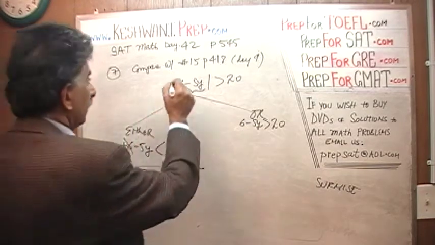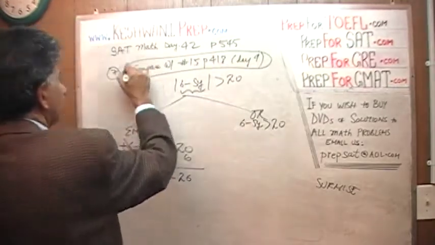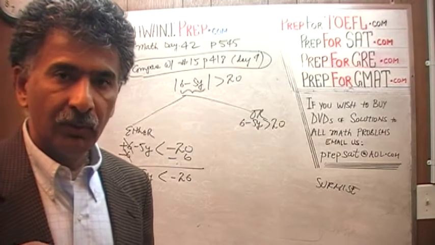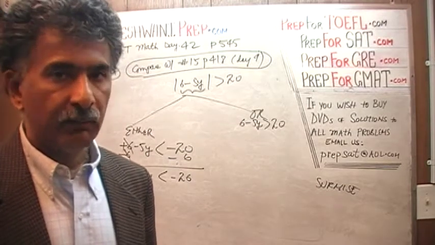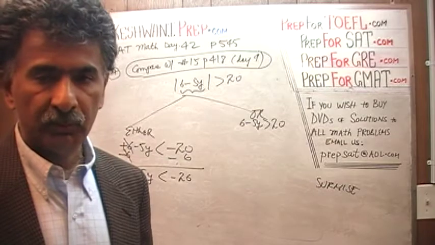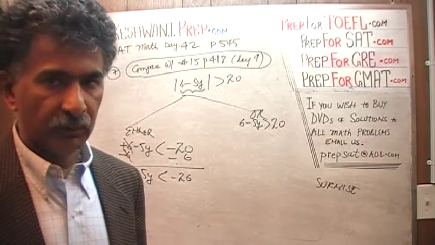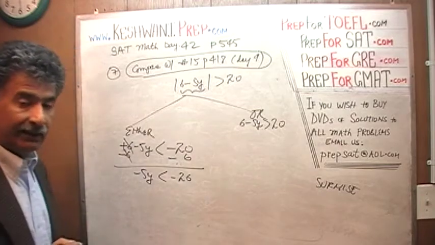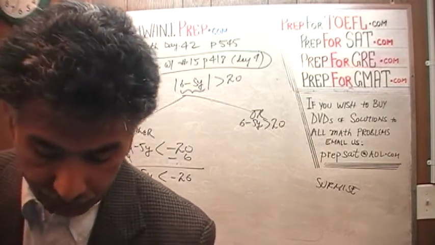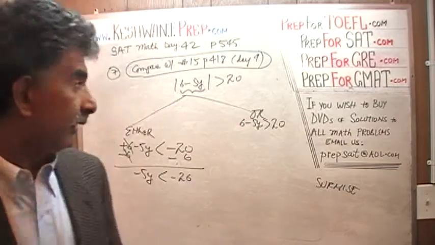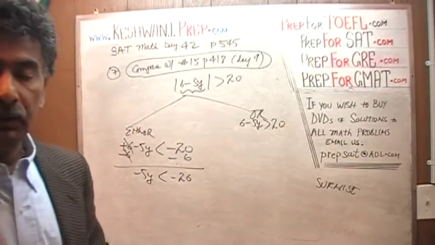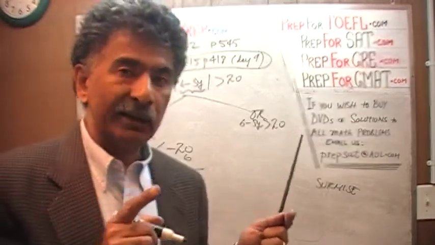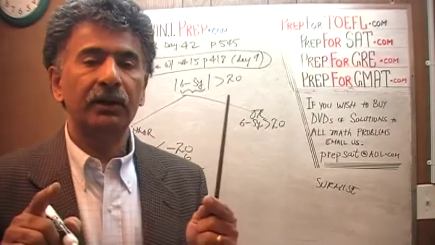Again, I keep reminding you, you must watch this so that you understand what's going on, because if I were to keep explaining the same concept over and over again, it will get tedious for both of us. It will bore the pants off you. I don't want to do that. So let's divide both sides by -5, and what we learned on day number 9 is that when we are solving an inequality, the rules that apply to solving an equality are the exact same rules that apply to solving an inequality.